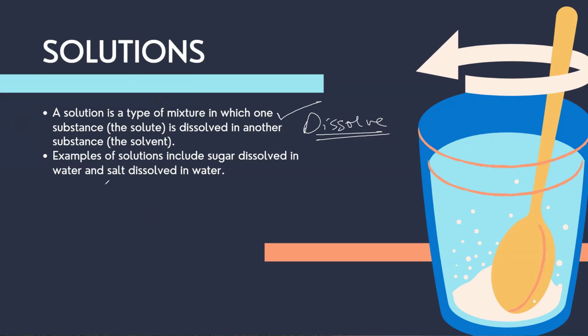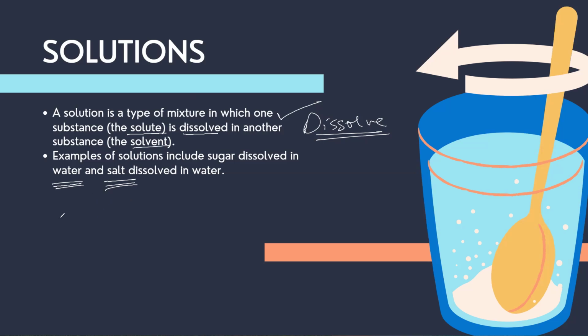For instance, if you put salt in a cup of water, what happens to the salt? It dissolves, sir. Good. Now you know what dissolve is. So a solution is that type of mixture in which a substance is dissolved in another substance. The substance that is dissolved is called a solute, and the substance that does the dissolving is called a solvent.